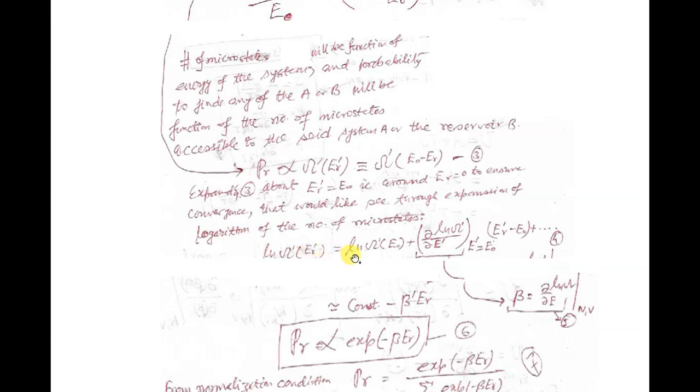We can expand it as log of omega dash E0, corresponding to the total energy of the heat reservoir, plus a perturbation term. The perturbation term means the reservoir deviates to have a small change in its energy from E0 to ER dash.